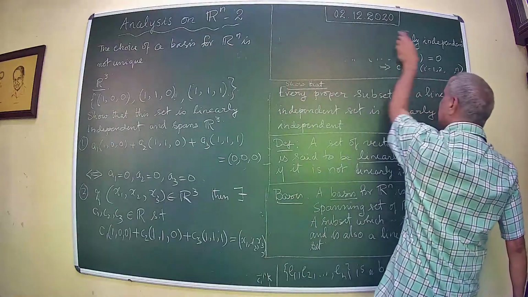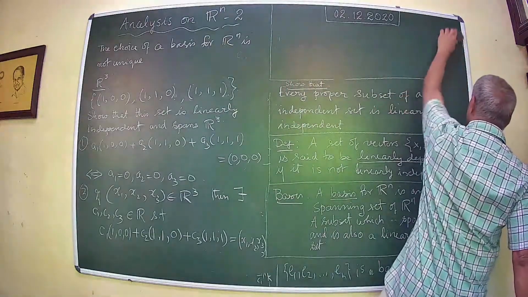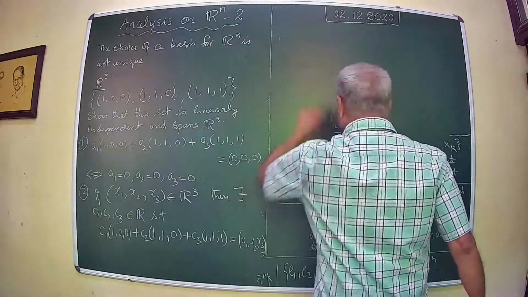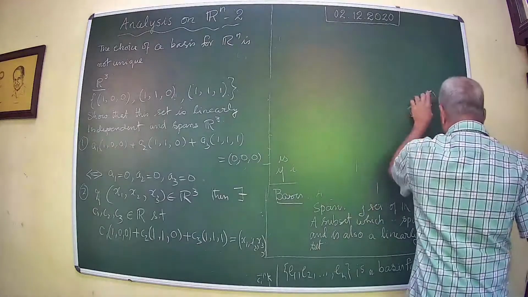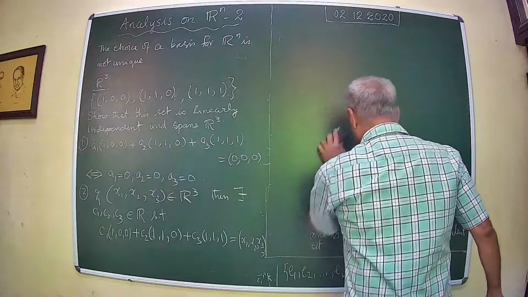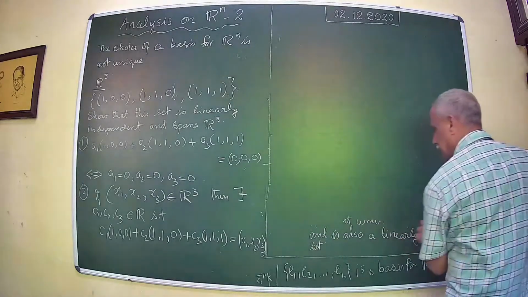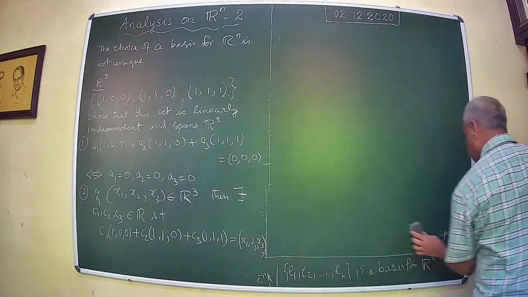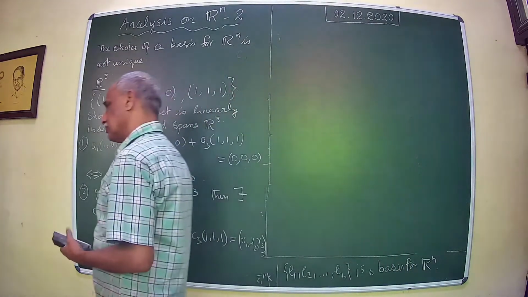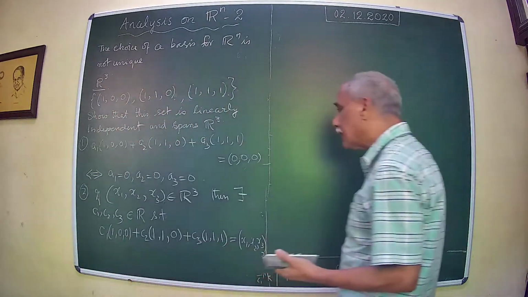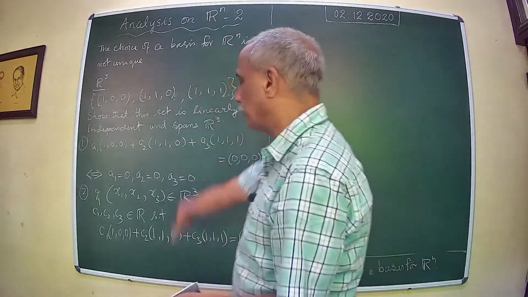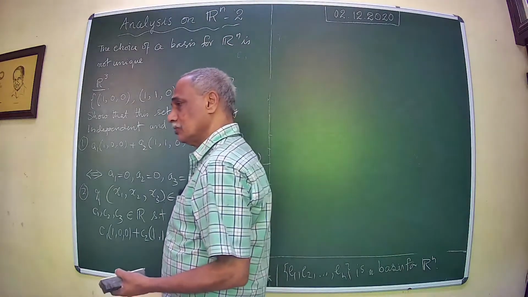So what does that indicate? It shows that given a basis, you can always tamper with it and take out some elements and replace those elements by some other element so that the new set is also a basis. Okay. So there exist several bases for R3. In fact, you can find many more vectors which form a basis.